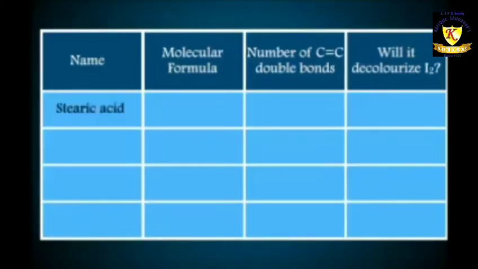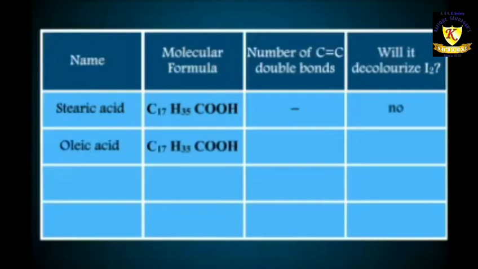Now look here in this table, children. We have stearic acid with molecular formula C17H35COOH. Number of carbon double bonds: 0, and will it decolorize? No. Oleic acid, C17H33COOH.